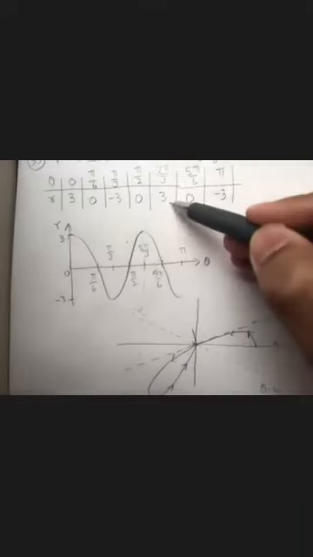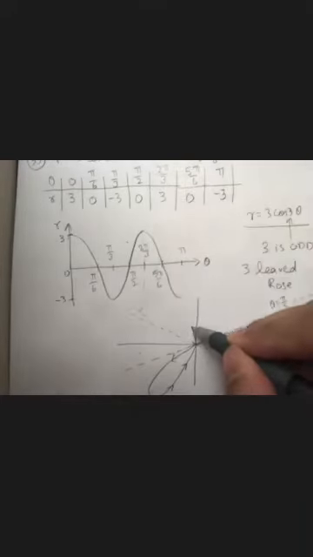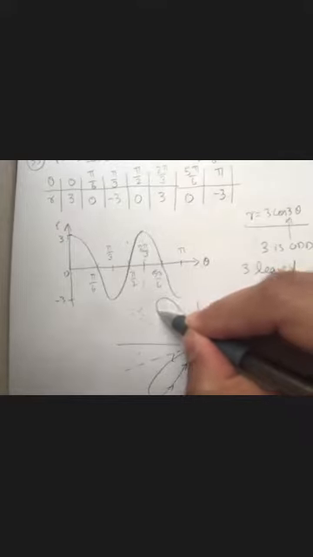So we start from 3, go to 0, then negative 3, come back to 0, now go to positive 3, come back to 0, and then finally round it up.